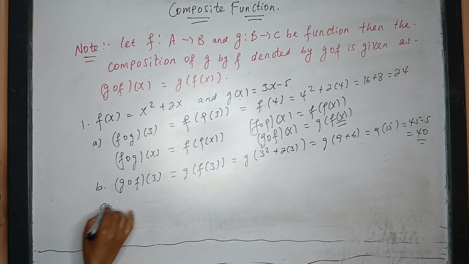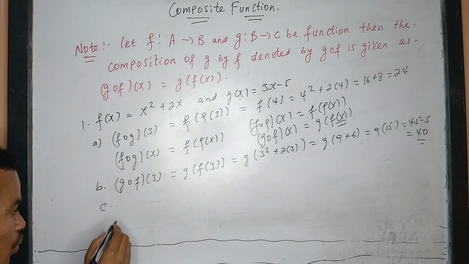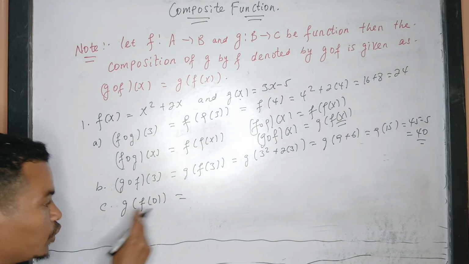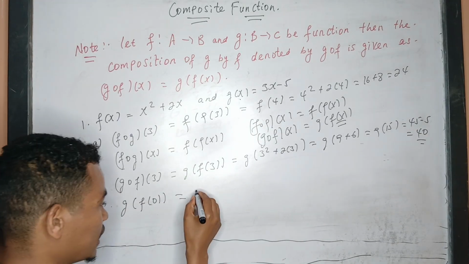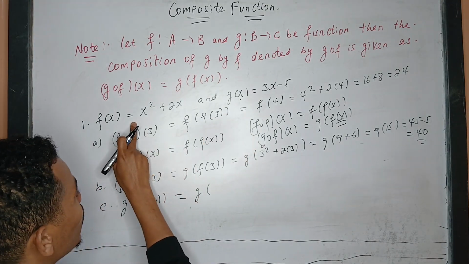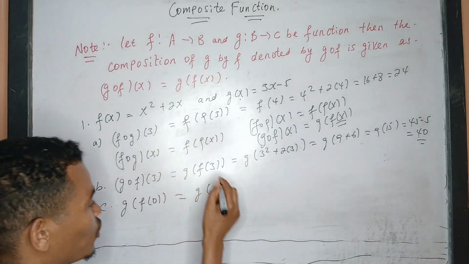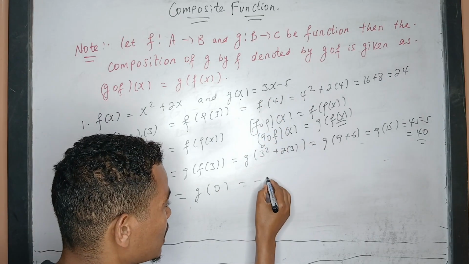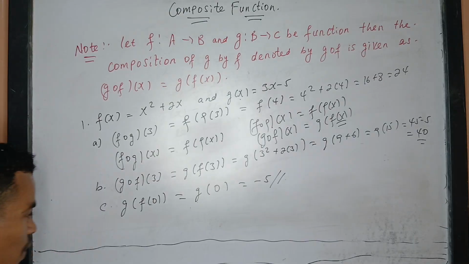In part c, g(f(0)), that is (g∘f)(0): f(0) is 0 itself, so substituting 0 here gives 0. This is equal to g(0), and substituting 0 gives minus 5.